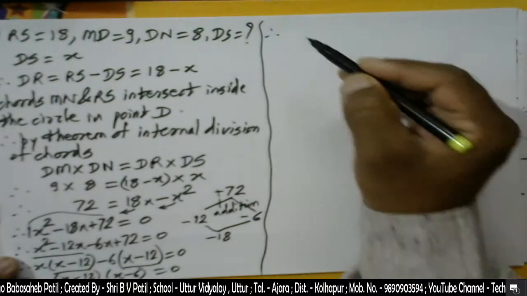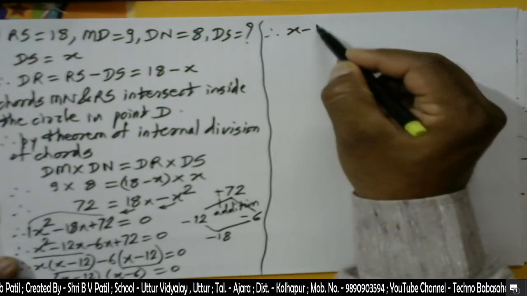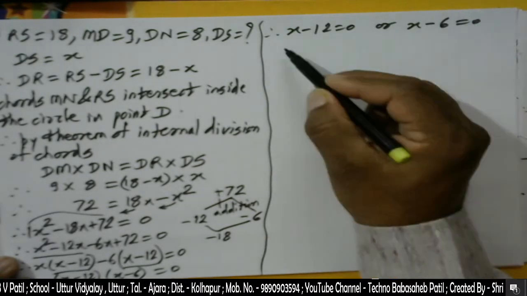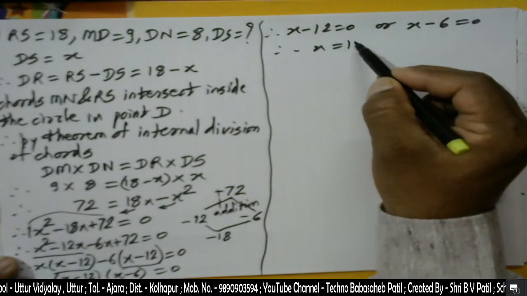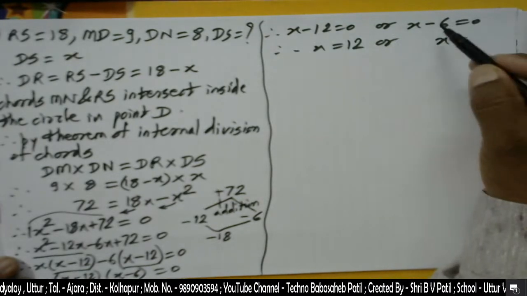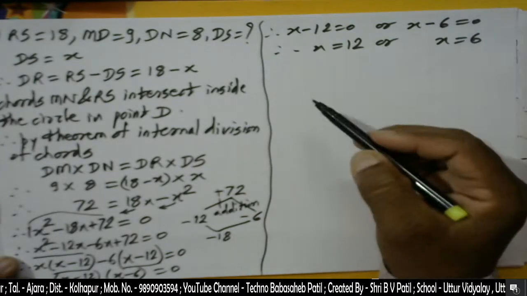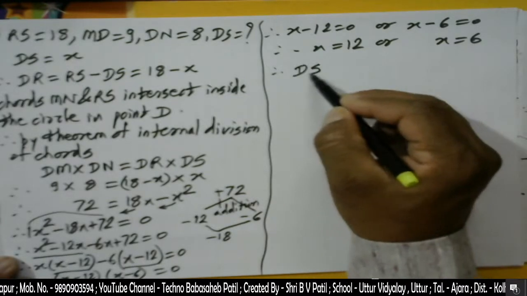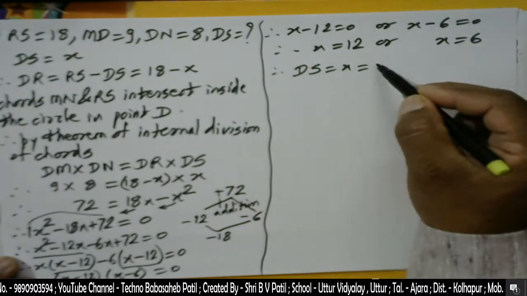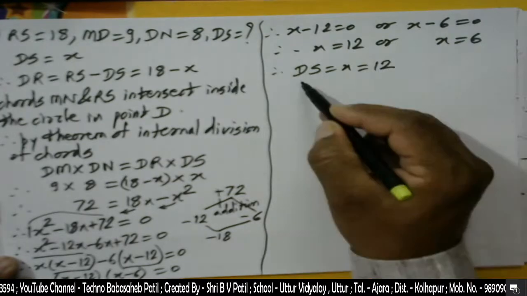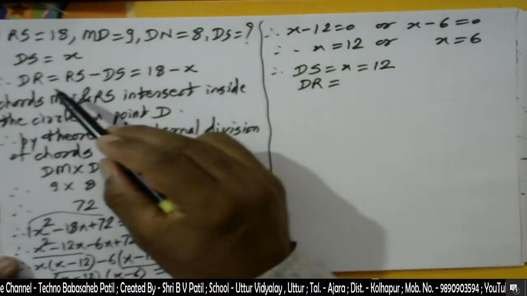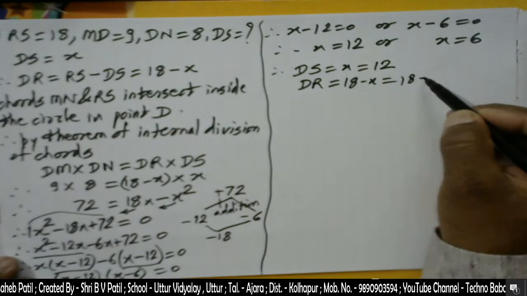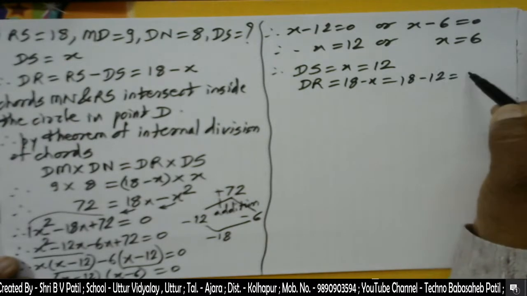Then the first bracket x minus 12 is equal to 0, or the second bracket x minus 6 is equal to 0. Minus 12 becomes plus 12, or minus 6 becomes plus 6. Therefore, if we consider DS is x, that is 12, then DR is equal to 18 minus x, 18 minus 12, that is 6.